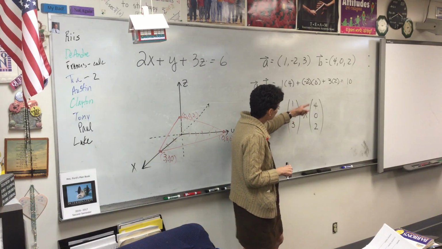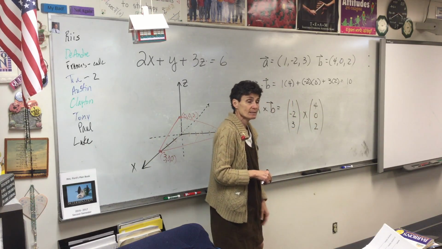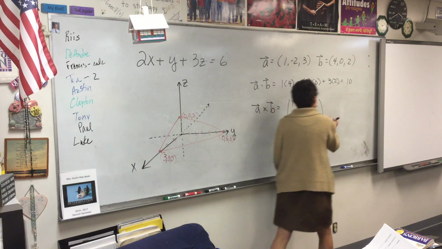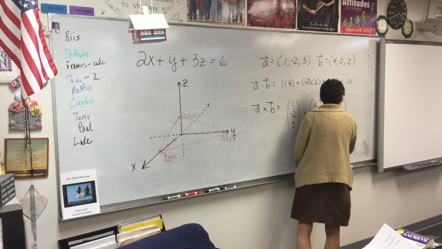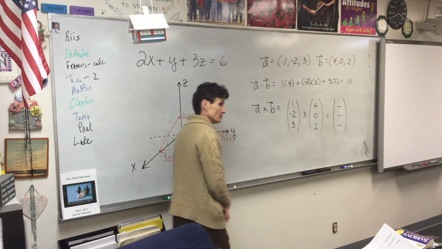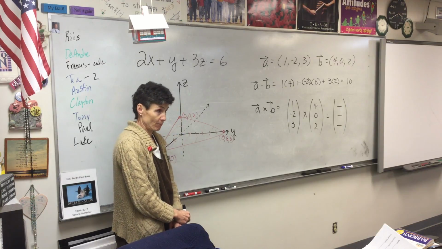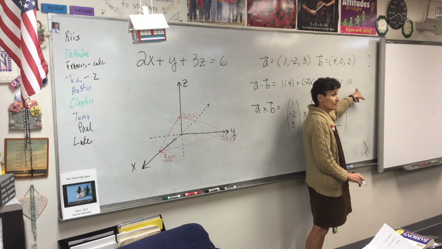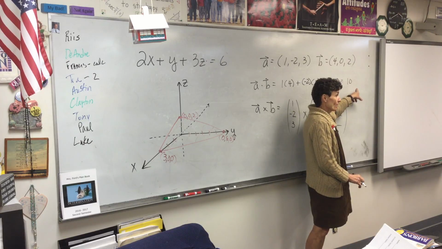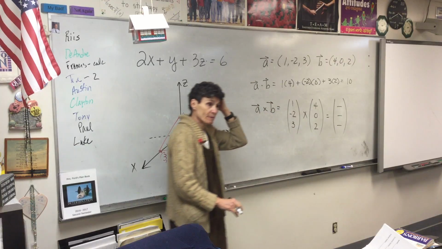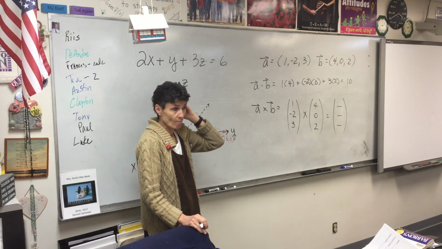I've just written them up and down instead of sideways. And the answer, the cross product, is going to be a new vector. Now that's different because the dot product was a number. The cross product is going to be a new vector.